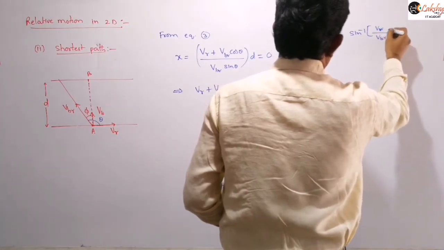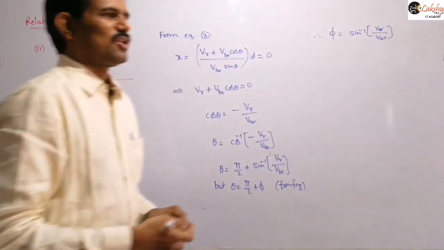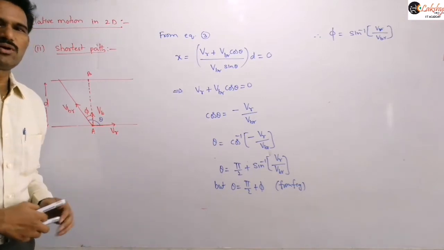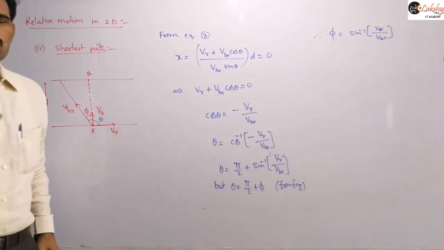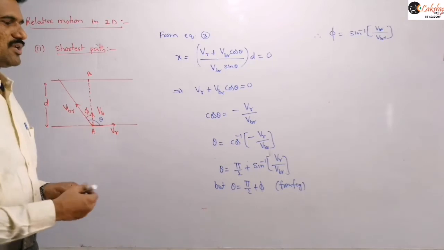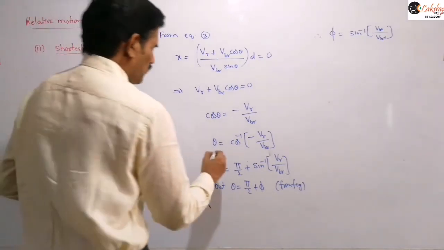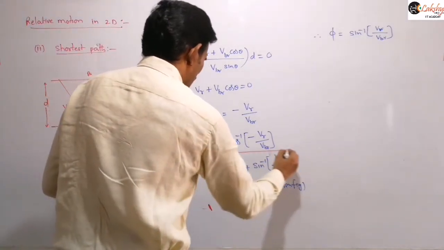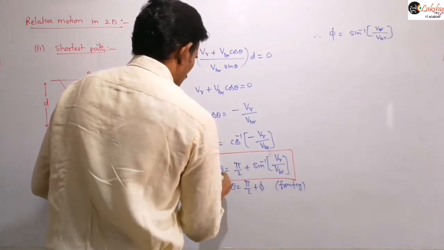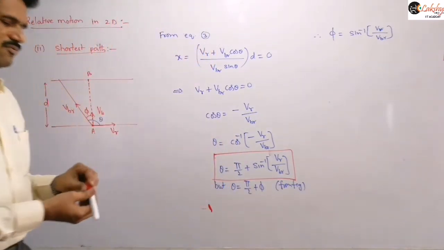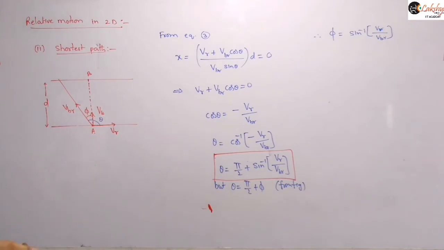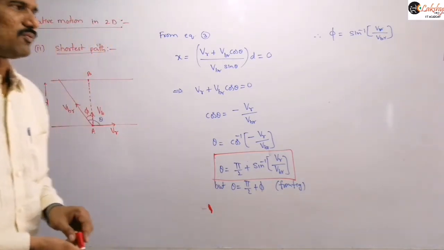If they are asking at what angle the boat should start its motion with respect to the direction of the river flow, then you need to answer this angle here. It should start with this angle with the direction of the river flow.